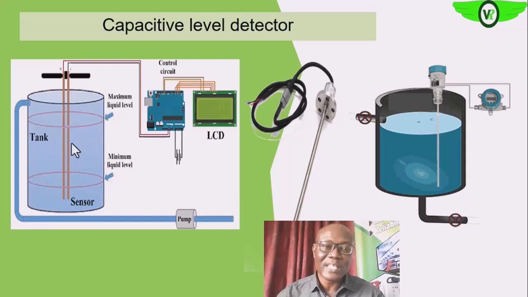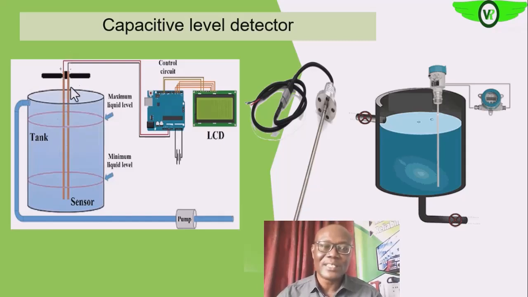We know that as the electrolyte concentration increases, the capacitance will also increase, and as the height increases, the concentration of that electrolyte between these electrodes helps to form a capacitive cell.